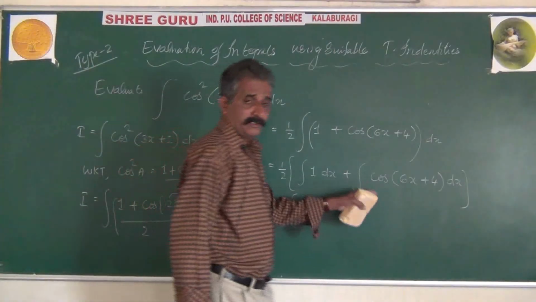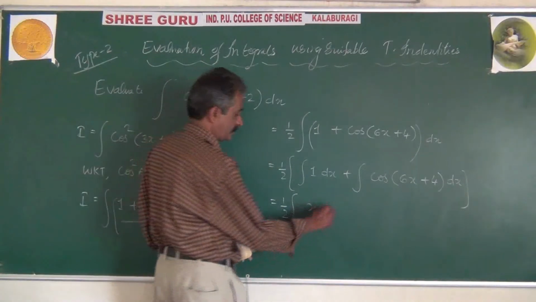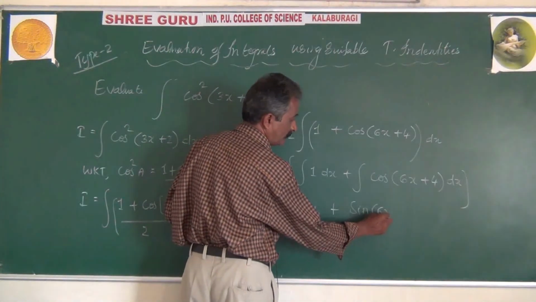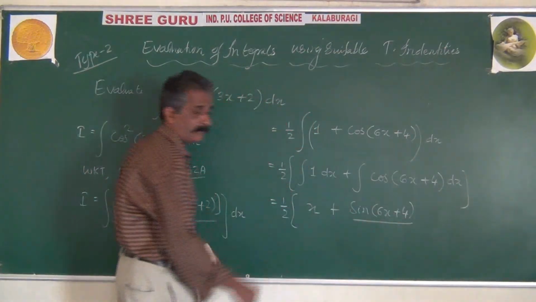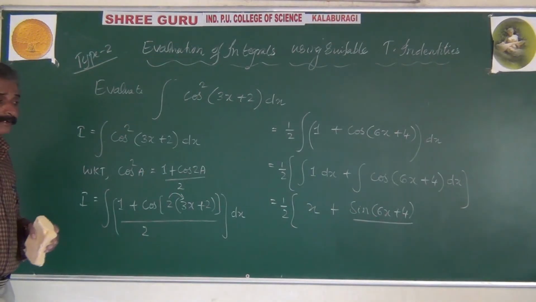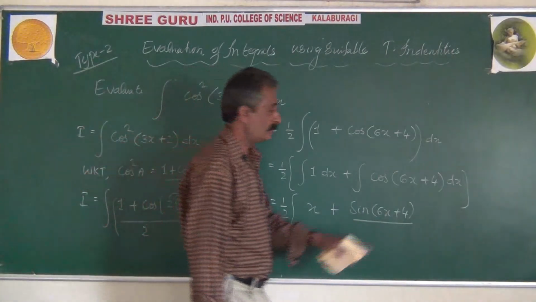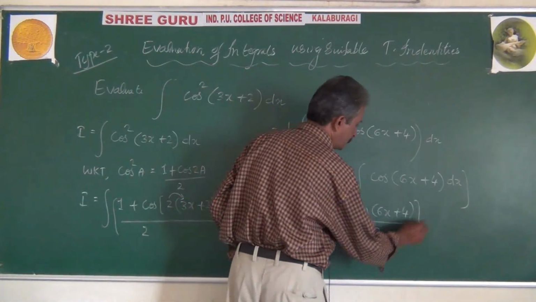Next, the integration of the cos function is sine, no double sine function: sine of 6x plus 4. Now you have to think of divided by, not an unrelated number but a number related to the coefficient of x. What's the coefficient of x? 6. So divided by 6, plus c.